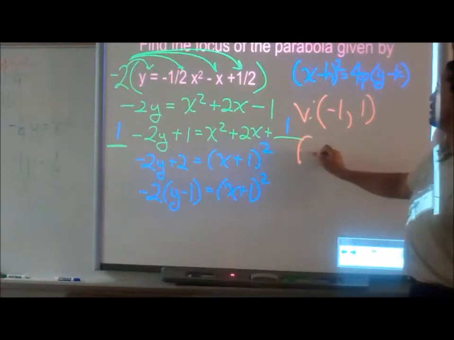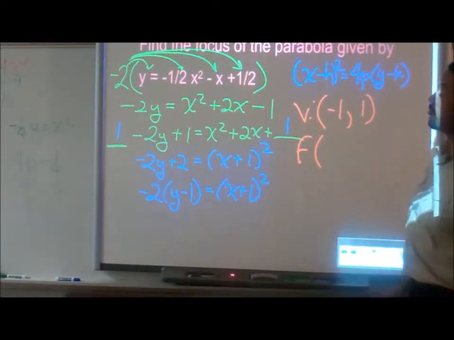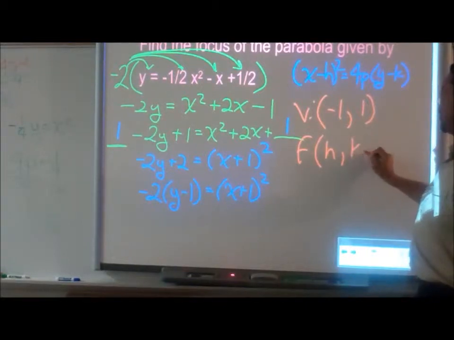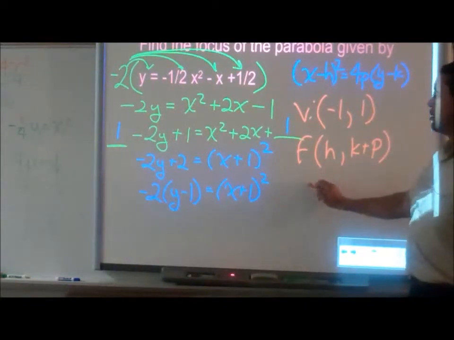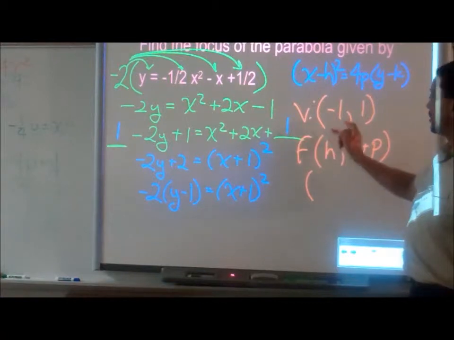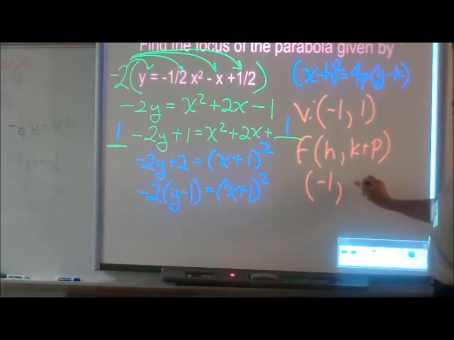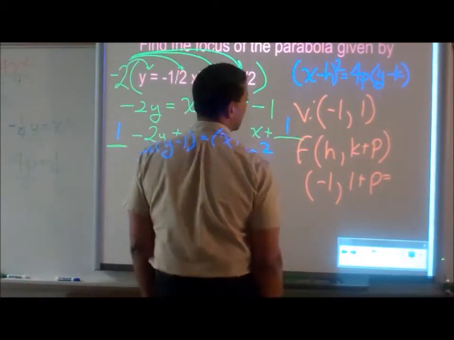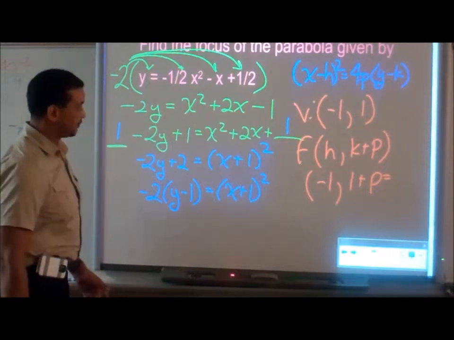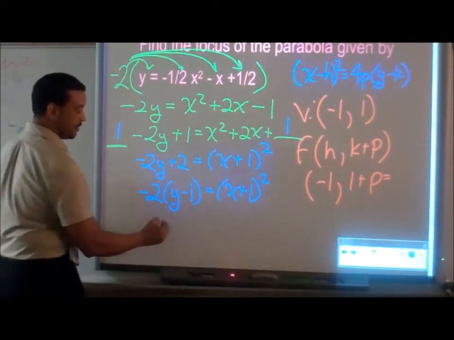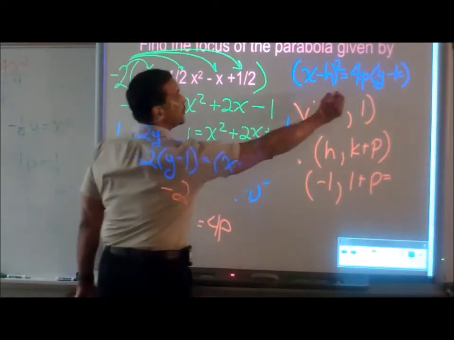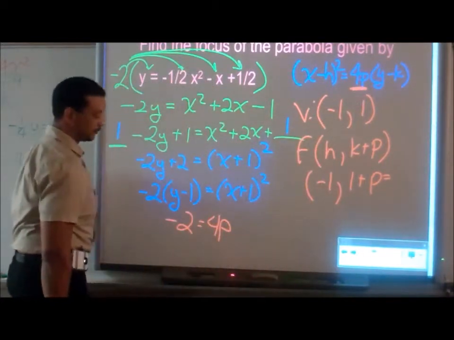Our focus, again, being that this is vertical, is going to be h and k plus p. So that's going to give us our -1, k is 1, plus p. Of course, we've got to figure out what p is. We can find that from here. -2 has to be equal to our 4p, which is in the problem up here.